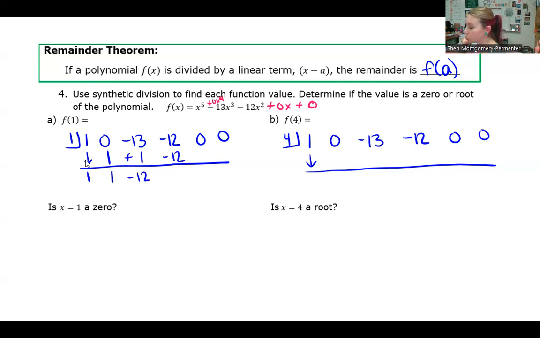Do not trick yourself into thinking that that becomes 0. What is negative 12 minus 12? Negative 24. Negative 24 times 1 is negative 24. 0 minus 24 is negative 24.